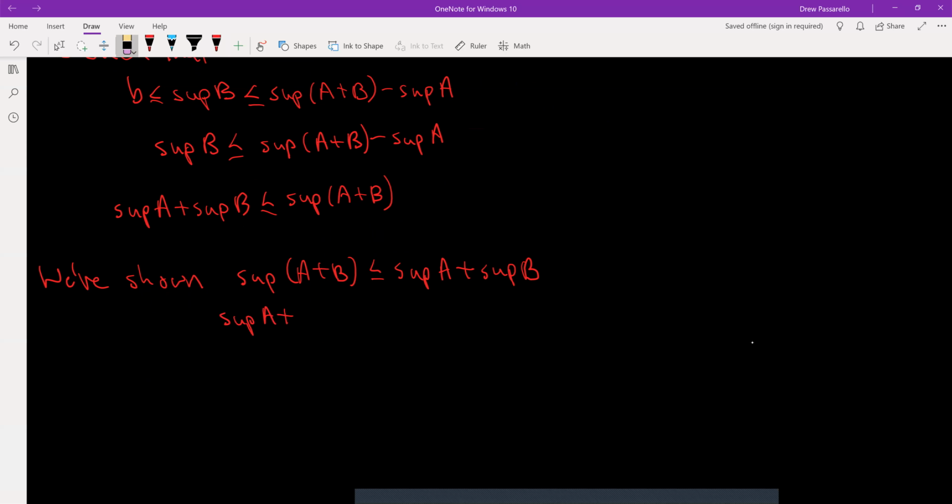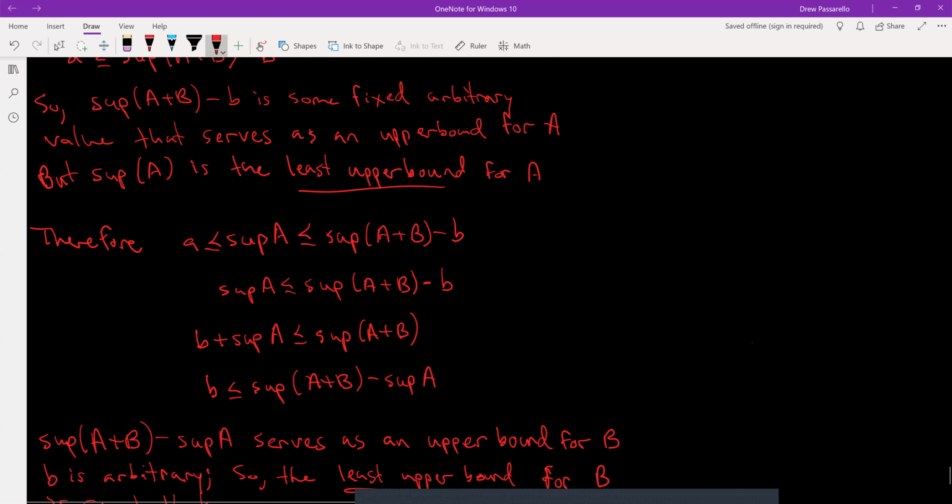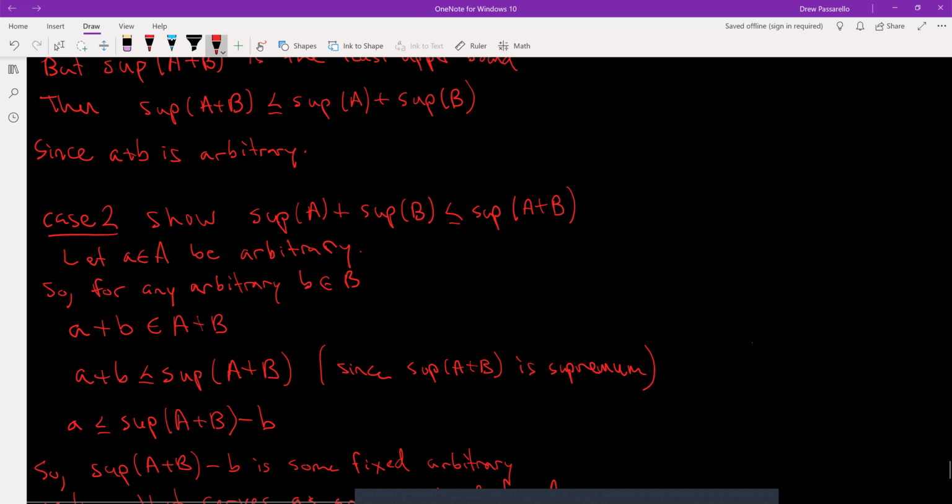So therefore they have to be equal. All right, so that completes the proof.